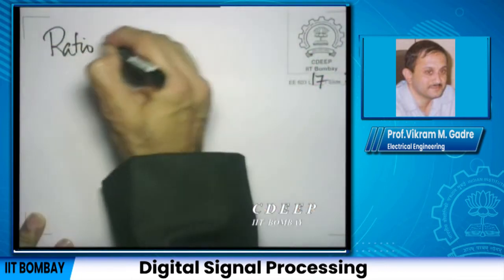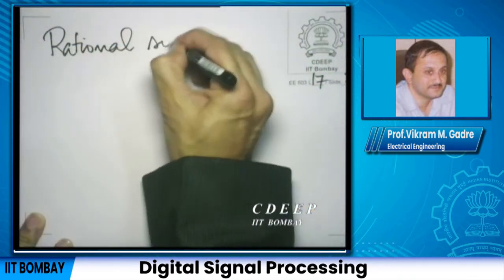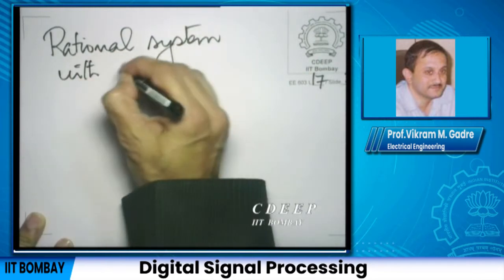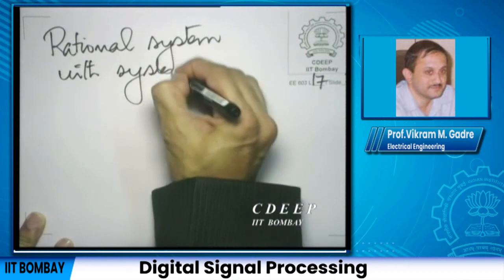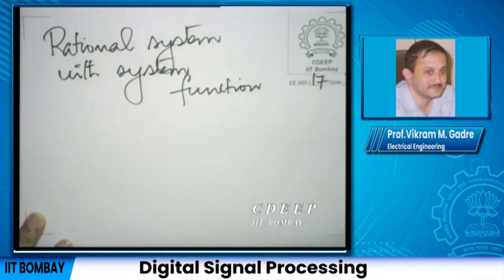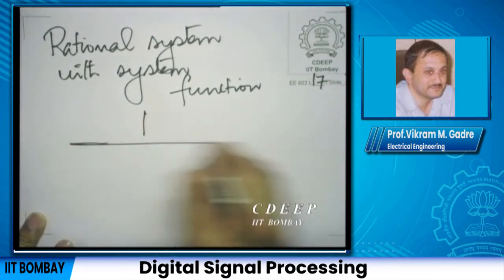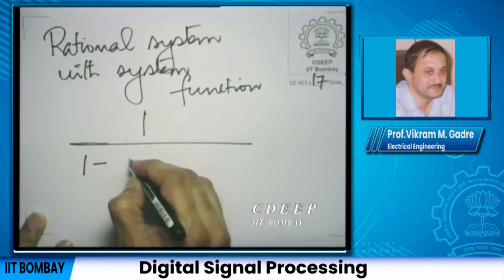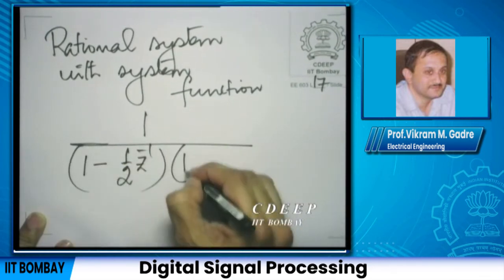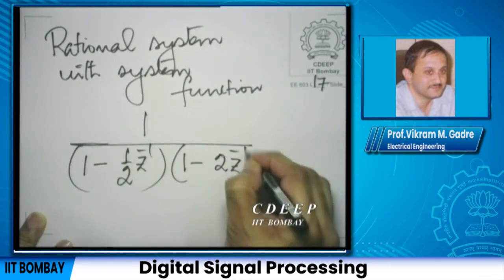So, let us look at the rational system with system function 1 by (1 minus half z inverse) times (1 minus 2 z inverse).